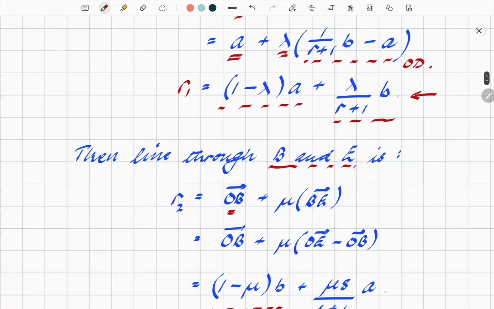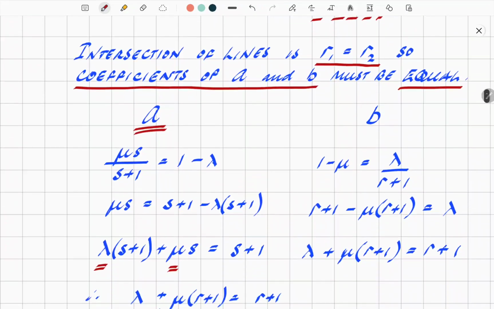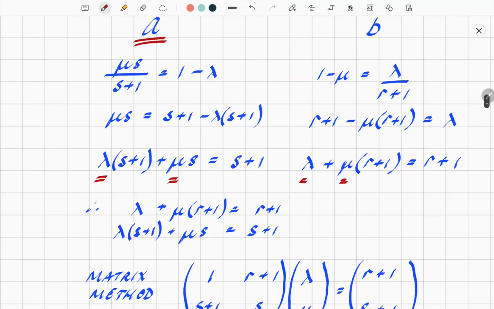And the other one is lambda over r plus 1. And so, multiplying by r plus 1, you've got r plus 1 minus mu times r plus 1 equals lambda. Bring it round, tidy it up, and you end up with lambda plus mu times r plus 1 equals r plus 1. So effectively, we have two simultaneous equations in variables lambda and mu.